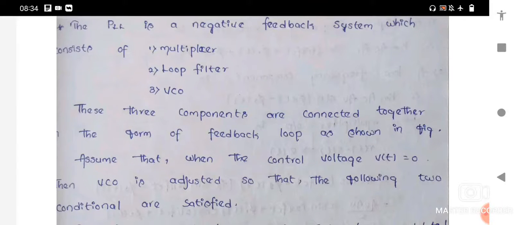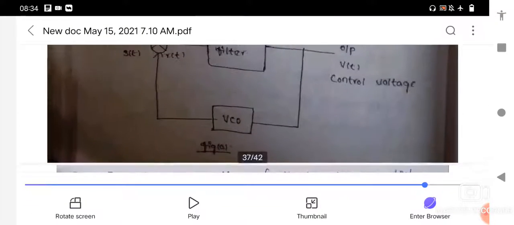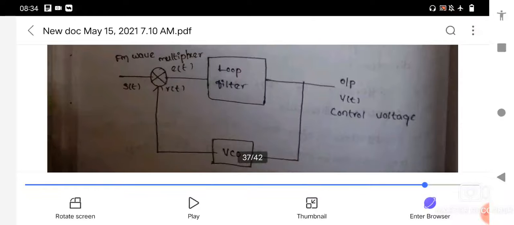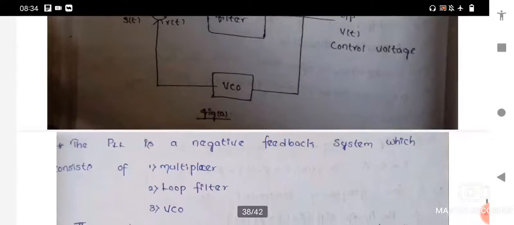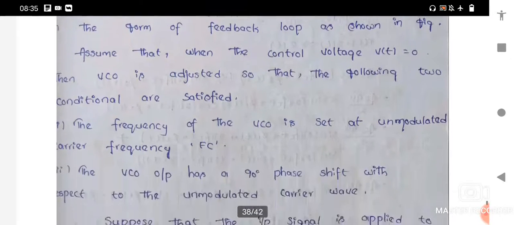Here, assume that the control voltage v(t) is equal to 0. The output of the loop filter is the control voltage v(t). Then the voltage controlled oscillator is adjusted so that the following two conditions are satisfied.